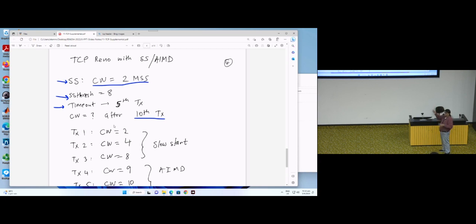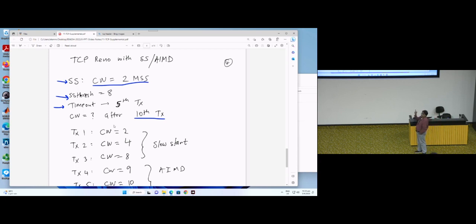So here we're not going to look at the average throughput. We want to look at the short-term dynamics. So in slow start, I wrote congestion window equals 2 MSS. This is a constraint I'm giving you. When we talked about slow start, we said it starts at a congestion window of 1.